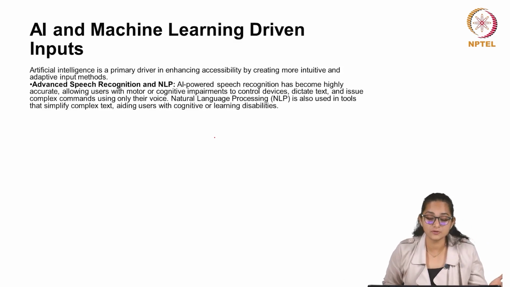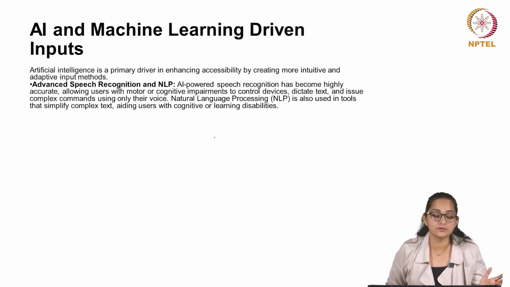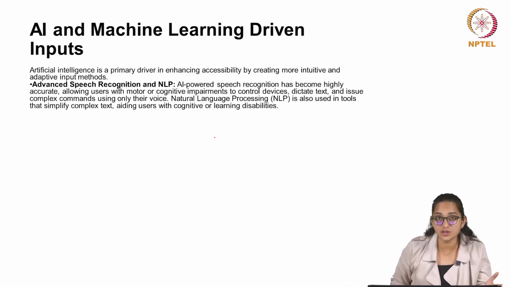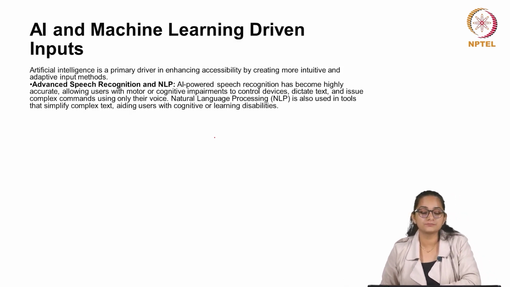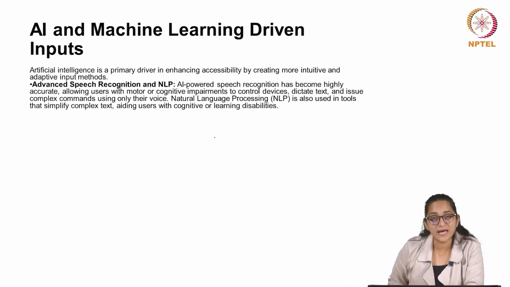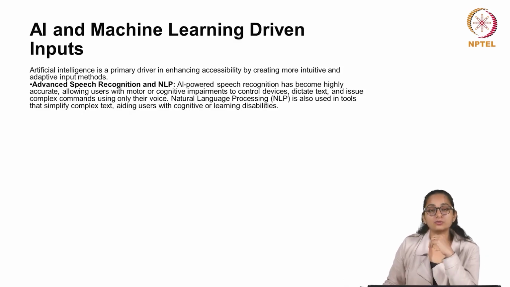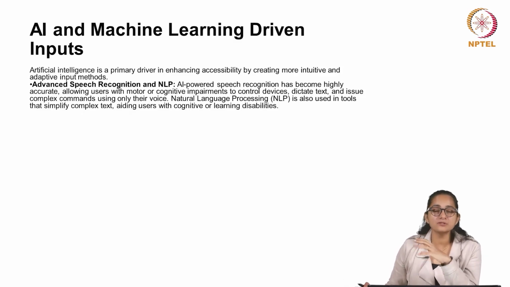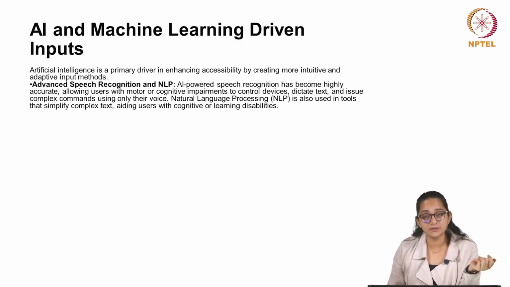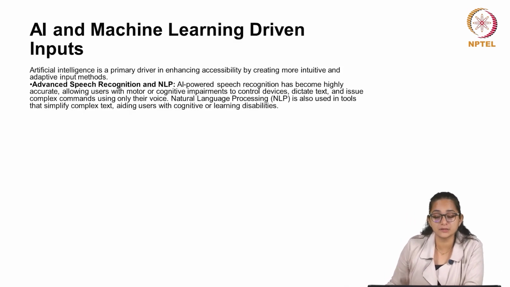First is something which may be very popular, which is advanced speech recognition and NLP, natural language processing. Some examples may include the dictate feature which we spoke about in one of the previous sessions on AI and accessibility.